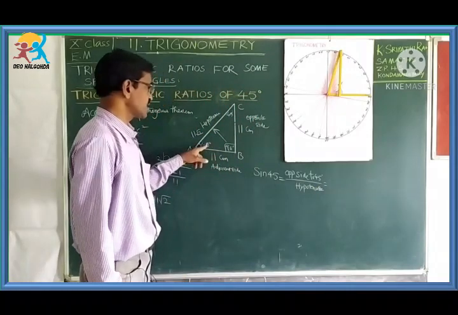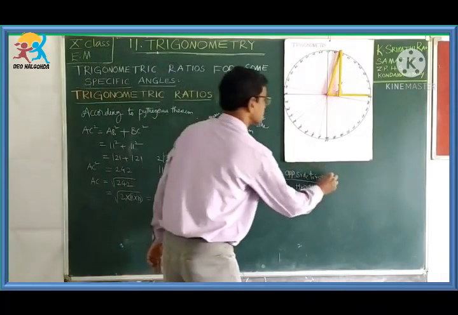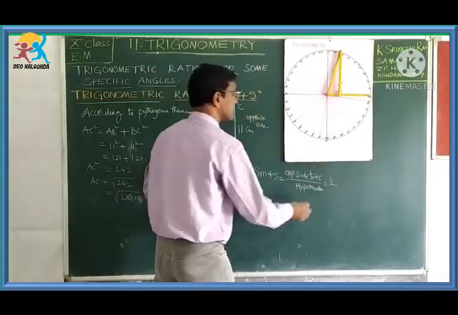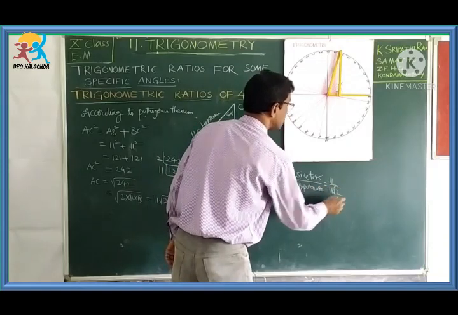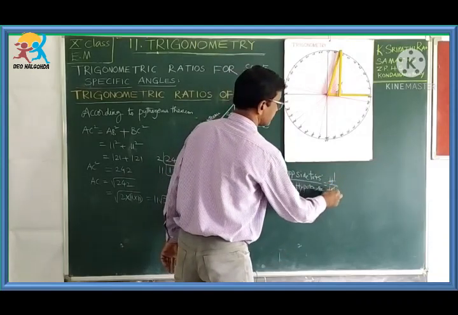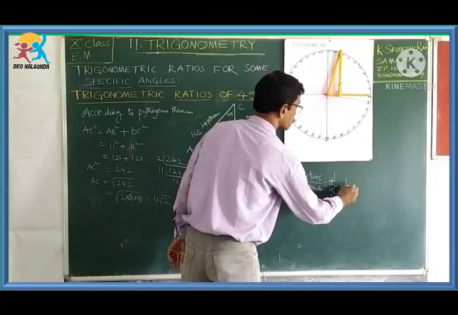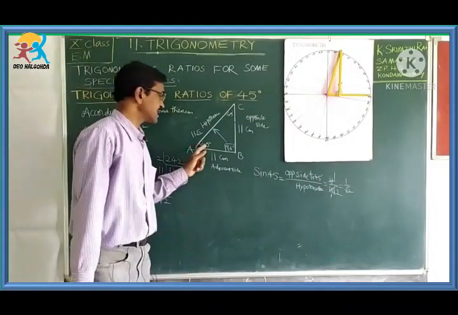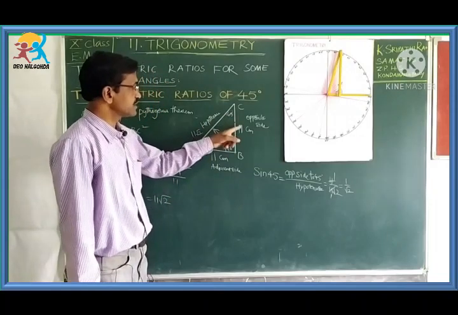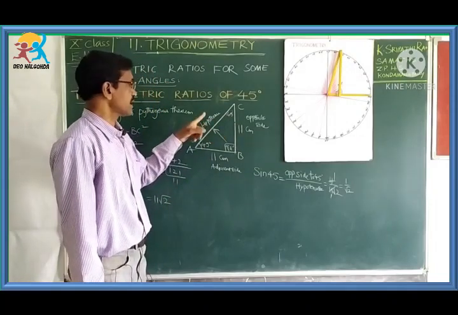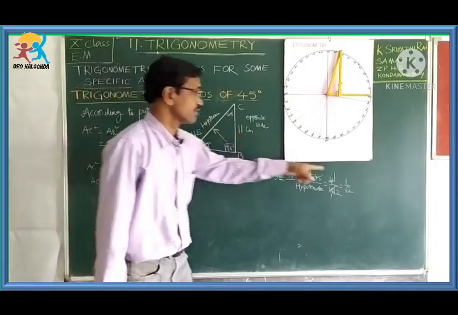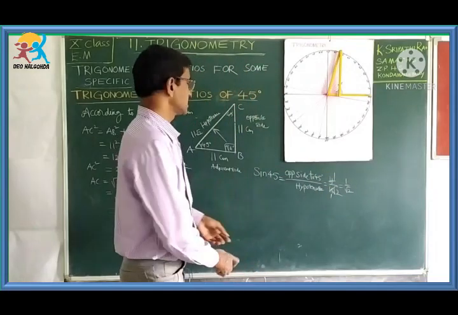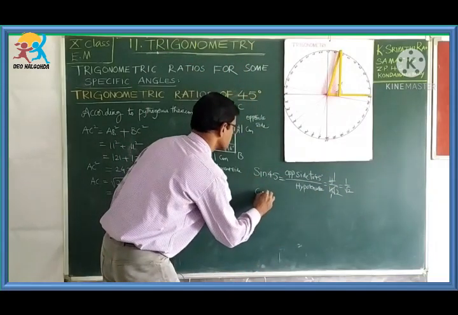So the side opposite to 45 degrees is 11 and hypotenuse is 11 root 2. Now let us cancel 11 with 11, we get 1 by root 2. Sin 45 is equal to 1 by root 2. When theta is equal to 45 degrees, the ratio of the opposite side and hypotenuse will be 1 by root 2.